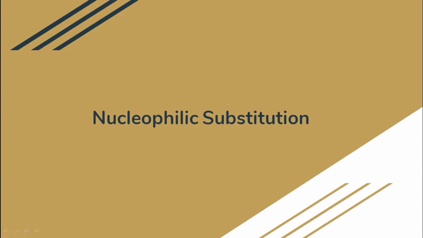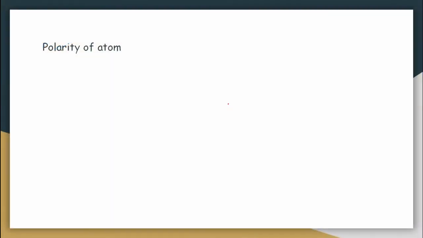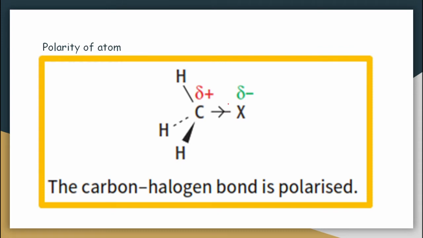Now let's start with the nucleophilic substitution. So you're gonna need to know the polarity of it. The carbon halogen bond is polar. The halogens are partially negative and the carbon partially positive due to the electronegativity of halogens, because they are more electronegative than the carbon.